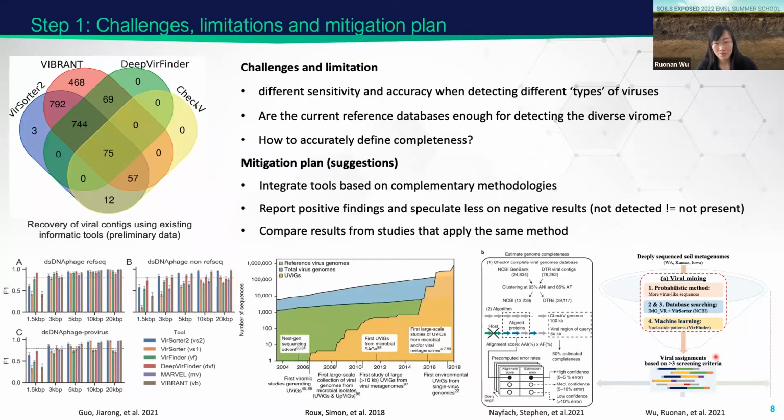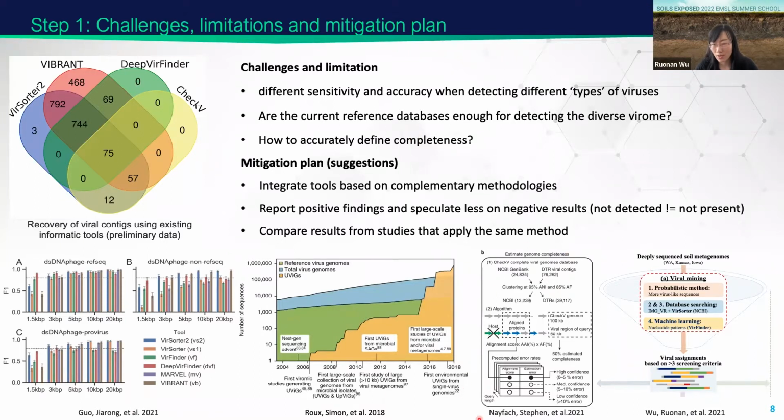Then another remaining challenge is to determine the completeness of the viral genomes. So unlike bacterial genomes, viruses do not have a set of universal marker genes. And also their genome size can vary a lot, ranging from 1 kb to several Mb. And also their genomes can be either circular or linear, and their genomic contents can be highly diverse.